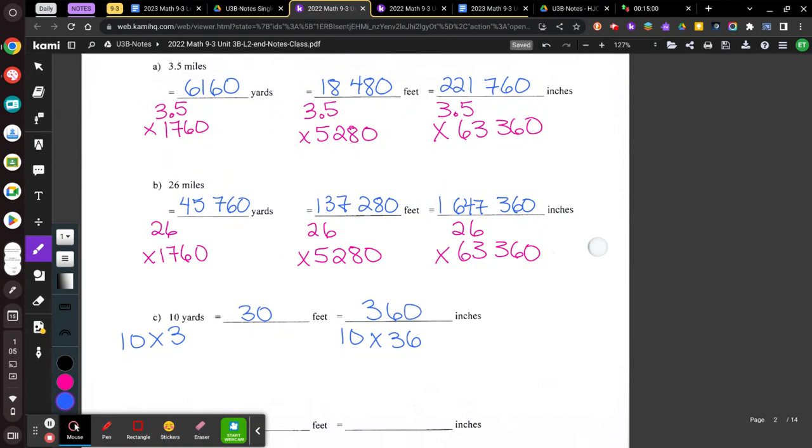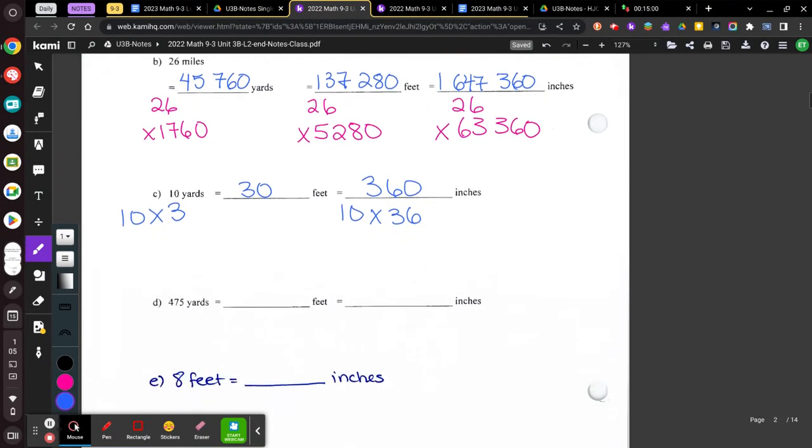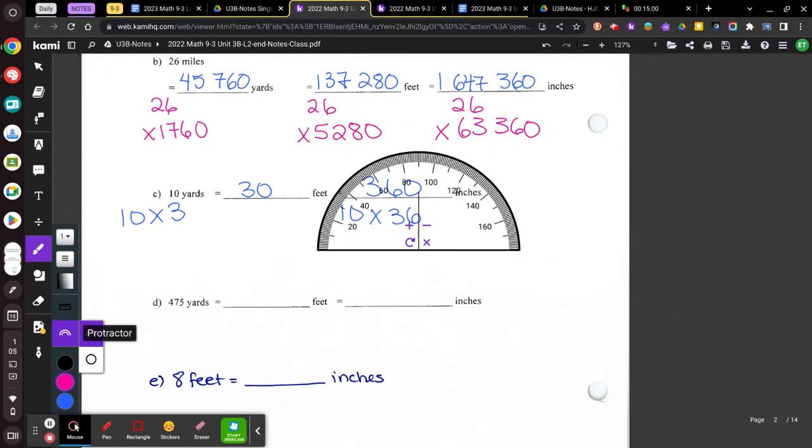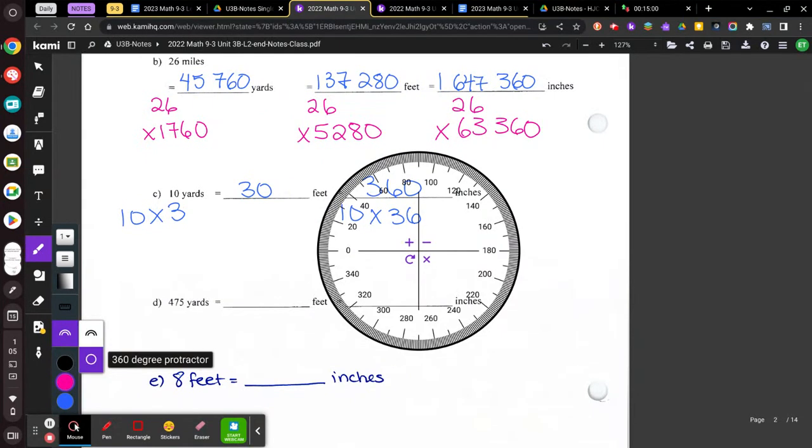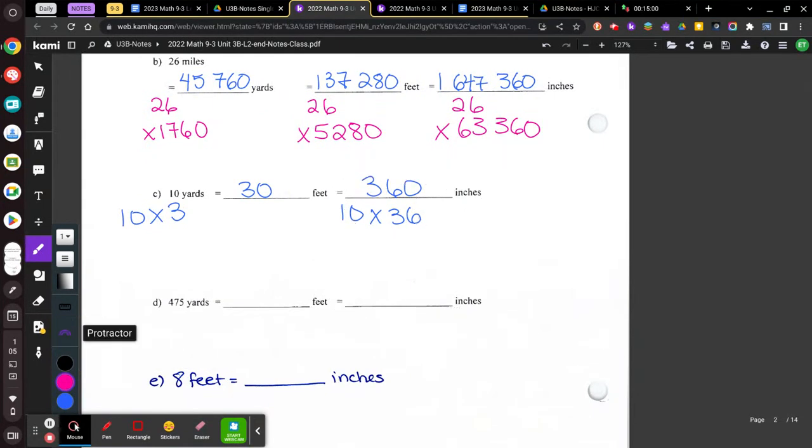Okay, move it up for letter D. All right. Oh, no, we don't need that. Nope, we don't need that either. There we go. Okay, so letter D. We have yards to feet, so same as we just did. So we have to multiply by 3. And then we have feet to inches, so 475 times 36.